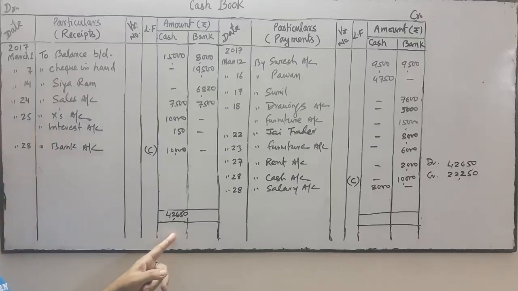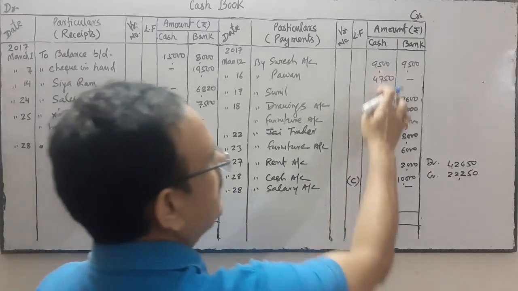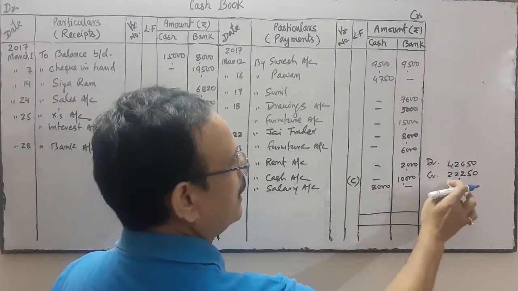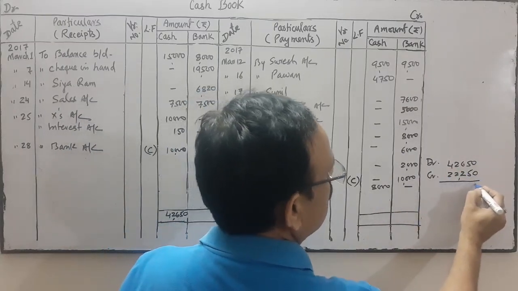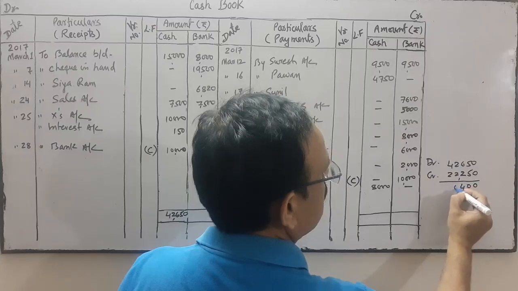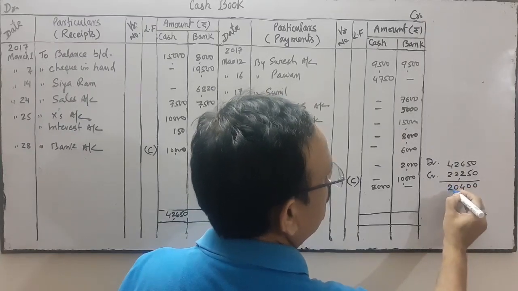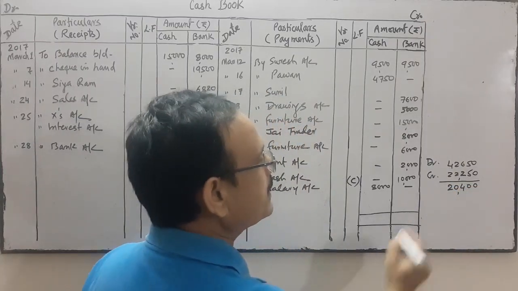This is the debit side total. And the credit side total I have calculated on the outer side in the rough: 22,650. So 20,000 is the difference, and 20,400 is the balance.